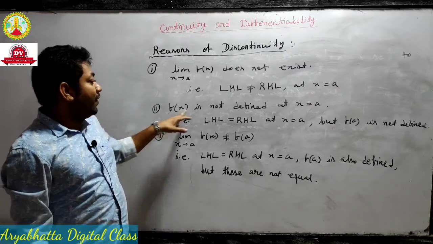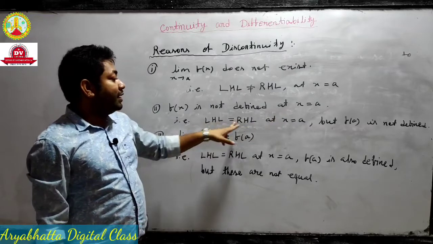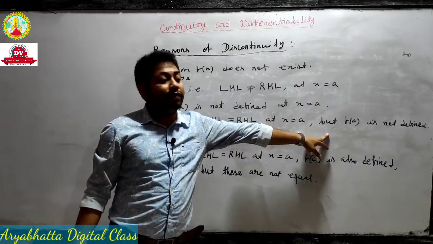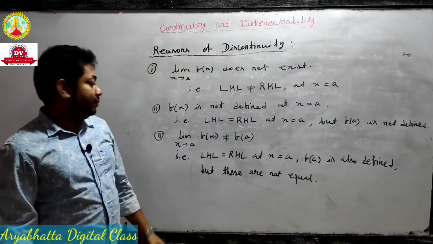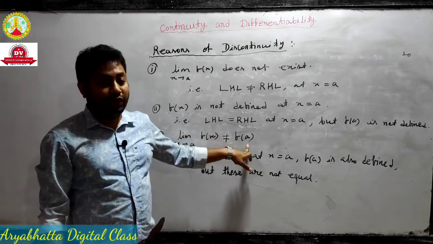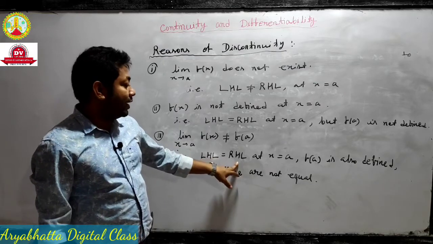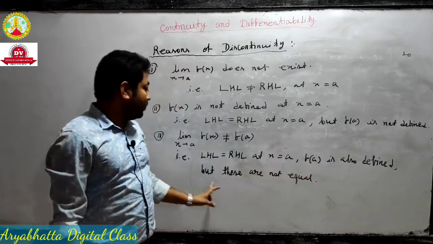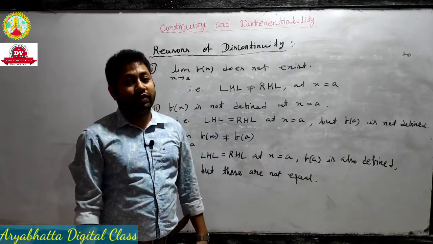Second point, if f of x is not defined at x equal to a, that is, left hand limit equals right hand limit at x equal to a but f of a is not defined, then the function is discontinuous at x equal to a. Third point, limit of f of x is not equal to f of a. That is, left hand limit equals right hand limit at x equal to a, f of a is also defined, but these are not equal. Then the function is called a discontinuous function.